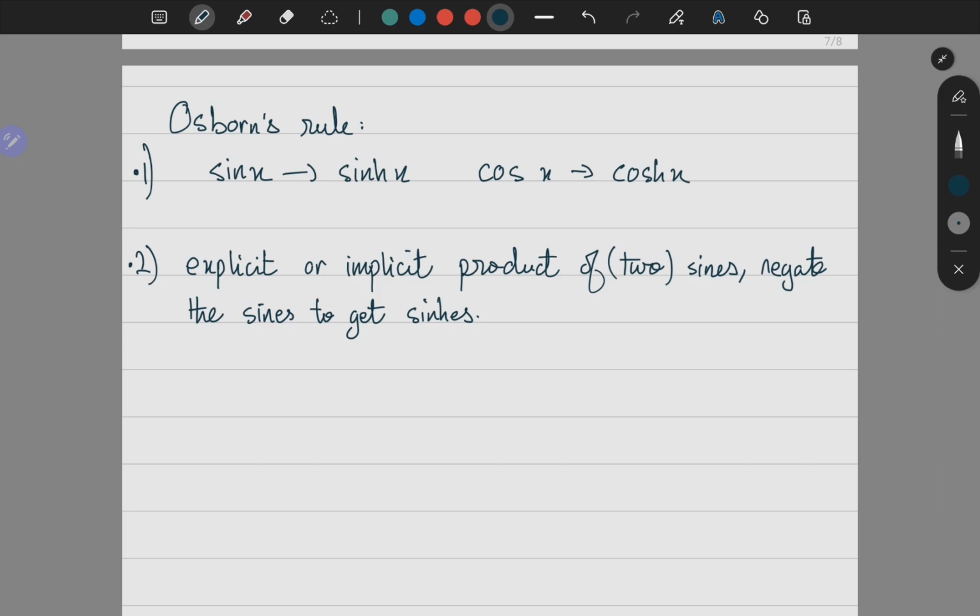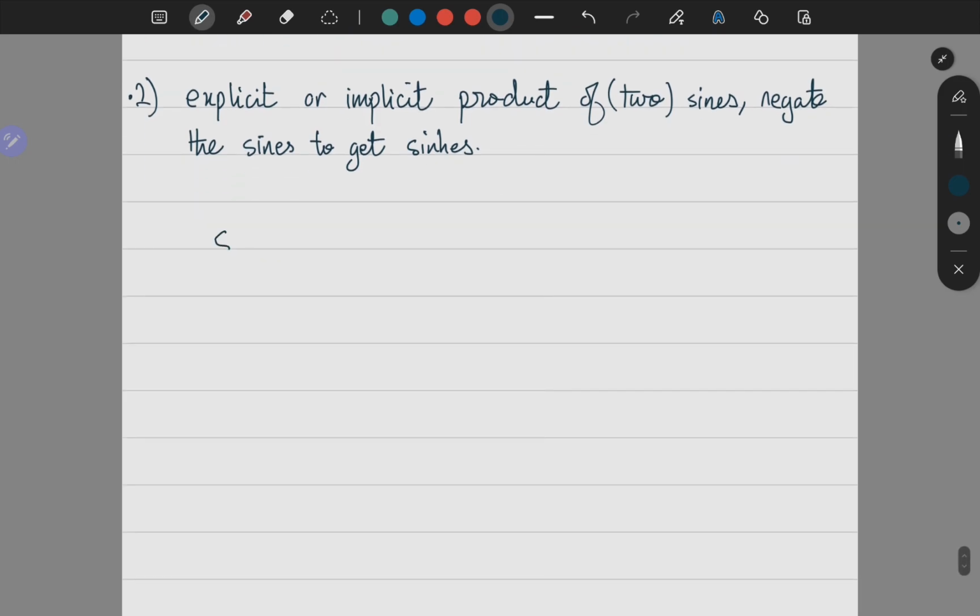Right? So I'll give you an example. If you have something like sin squared x plus cos squared x equals 1, the Pythagorean identity. Now you see here, sin x times sin x gives us sin squared x, and that is an explicit product of two sines. Now when I convert this to hyperbolic, this would be sinh squared x plus cosh squared x equals 1.